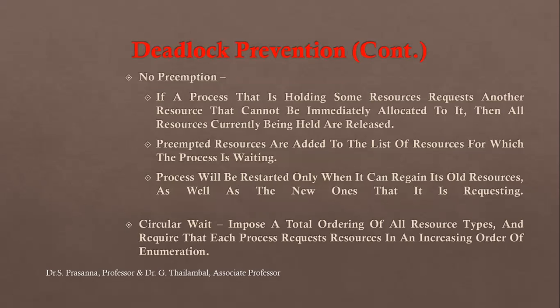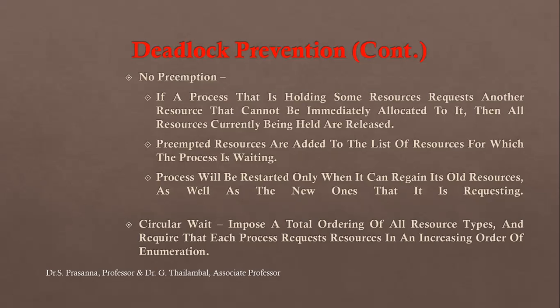If process P1 requests resource R1 and it has R2 and R3 resources, if that process P1 does not get the R1 resource, it has to release all the R2 and R3 resources also. Preempted resources are added to the list of resources for which the process is waiting. So therefore, this R2 and R3 can be used by some other process to get completed.